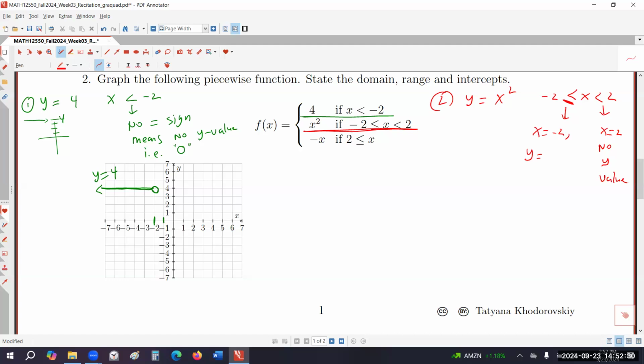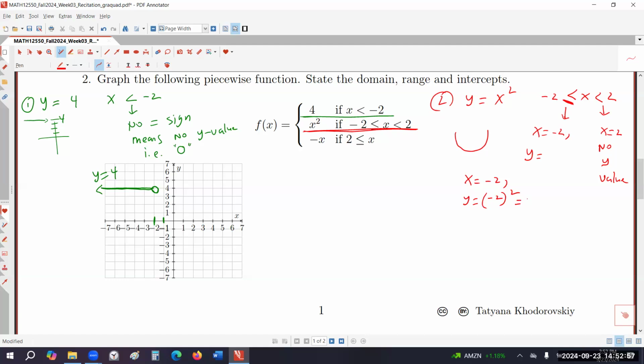Okay? And since, what's the shape of this x squared function? Parabola. So we have a parabola from -2 to +2, but we want to draw it more precisely. So let's see what y value we have for every x value between -2 and +2. So when x is -2, we get y value (-2) squared, right?